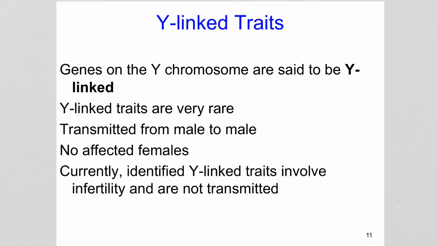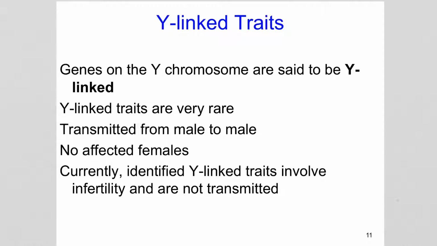So now that we understand how these chromosomes are passed on, let's talk about the phenotypes that these chromosomes influence. The chromosomes themselves have genes, and if those genes are related to specific traits or disorders, then we refer to them as sex-linked traits because they're passed on via the sex chromosomes.